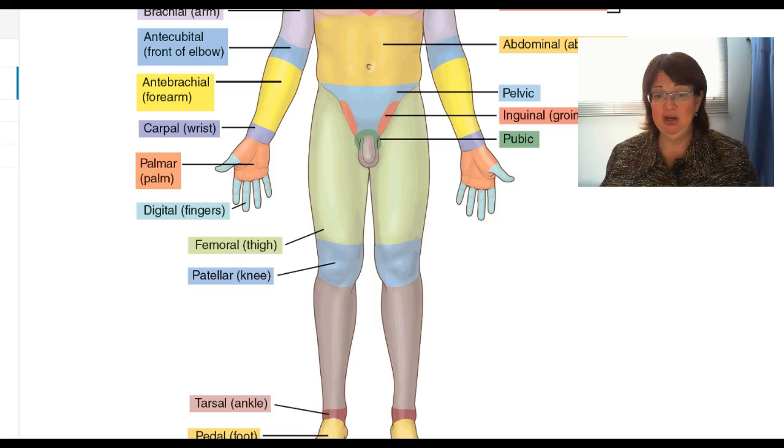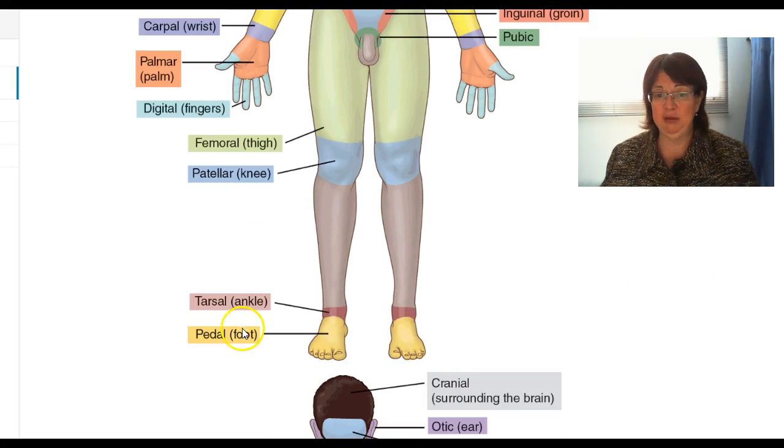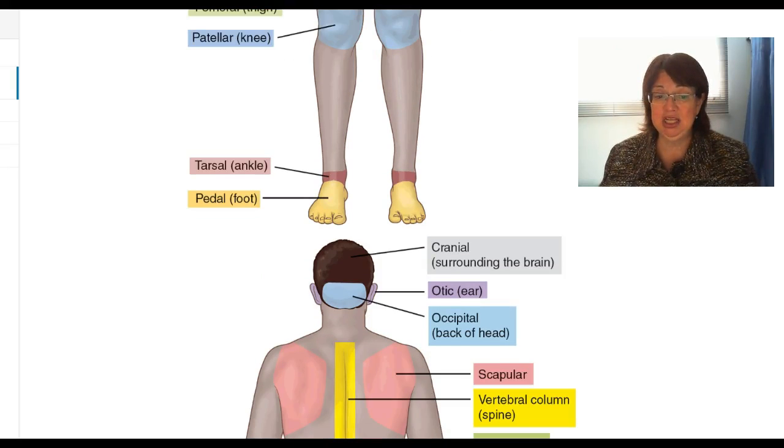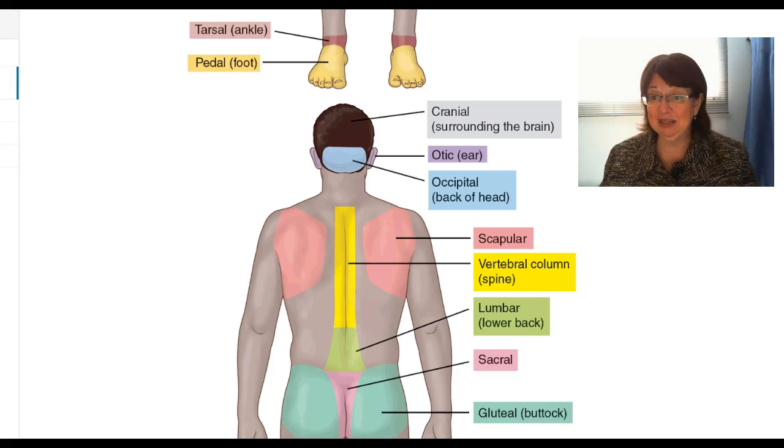Okay, now when you look at your feet, you've got your tarsals, which are your ankles, and your pedals. So if you think of pedaler, you use your feet to pedal a bike. So that's how I remember that one. Okay. Cranial is the back or surrounding the brain. Otic is an otoscope, is what you use to look at your ear. Your occipital, you've got your occipital condyle is where your head sits.